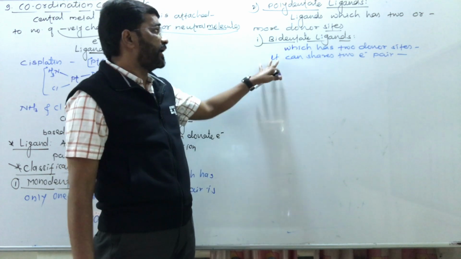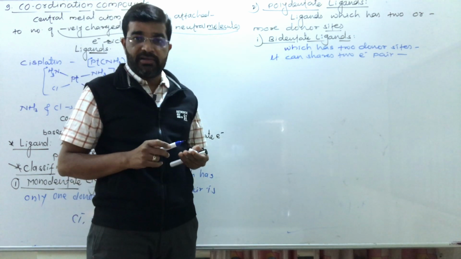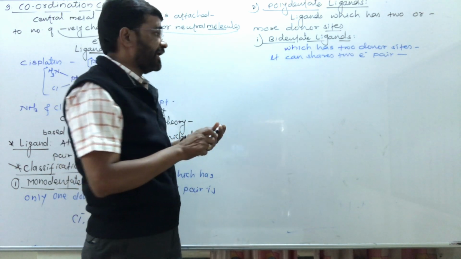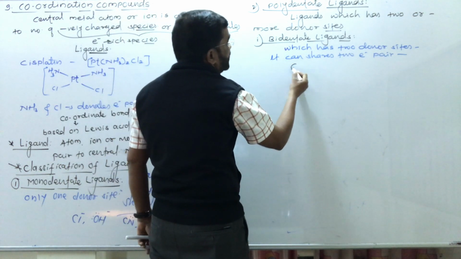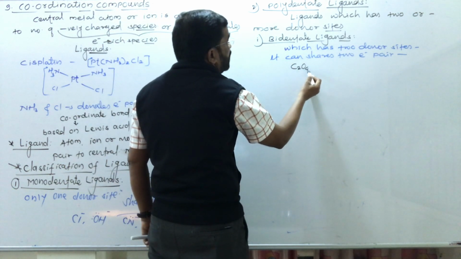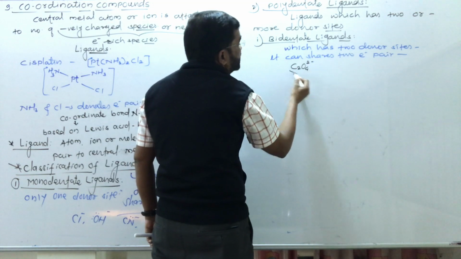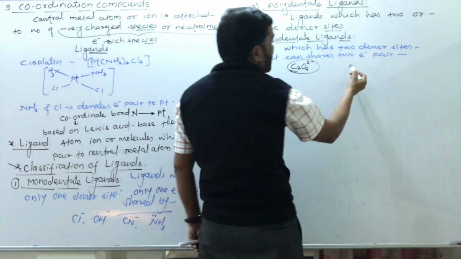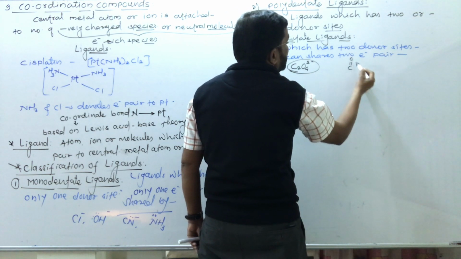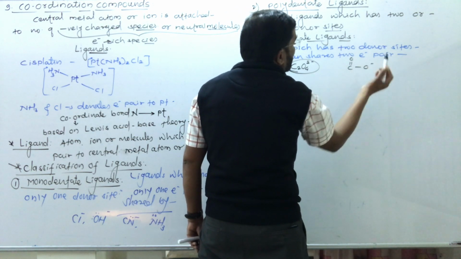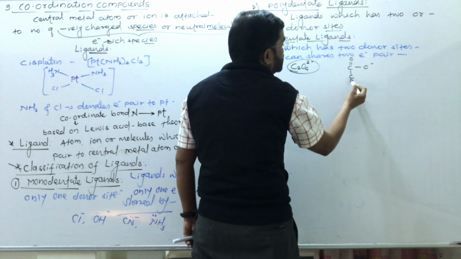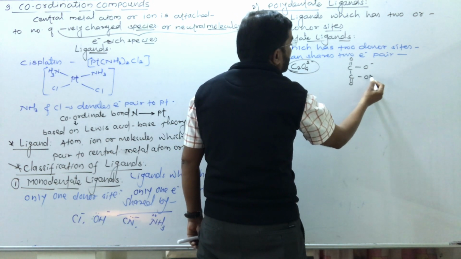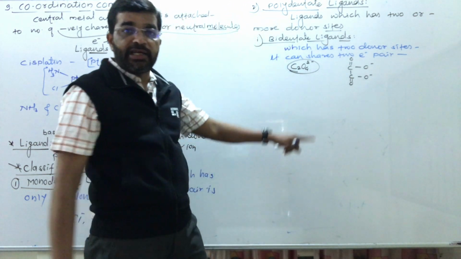So they are called bidentate ligands. For example, C2O4 2 minus charge, that is the oxalato. This oxalato group has this structure, C double bond O, here O minus, and C double bond O, here O minus. That is the oxalato group.